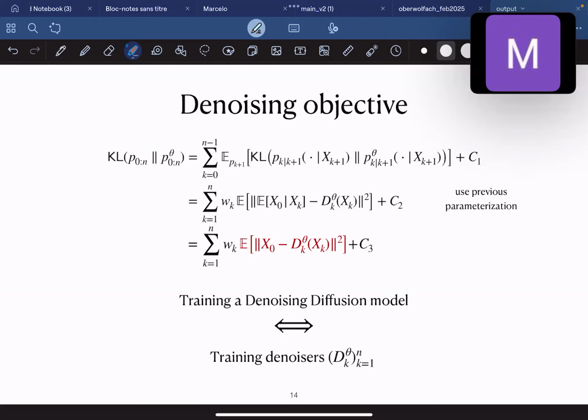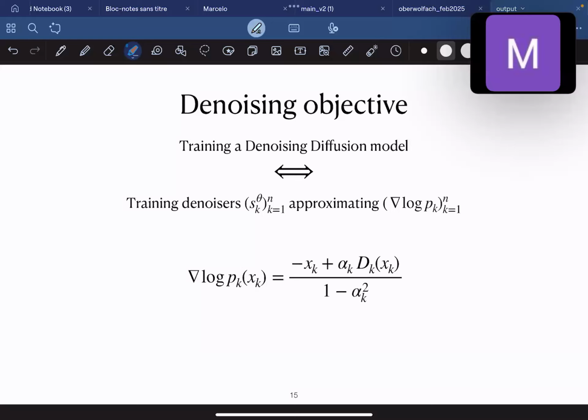So all in all, the main message here is that training diffusion models is just training the sequence of denoisers I introduced before. Based on the relation between the parametrization of the mean in my Gaussian approximation and the denoiser, this automatically specifies the approximation of the Gaussian transition I consider, and then directly specifies the diffusion model that has been trained.